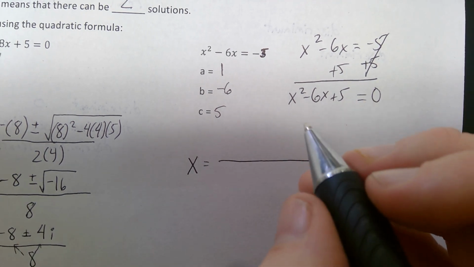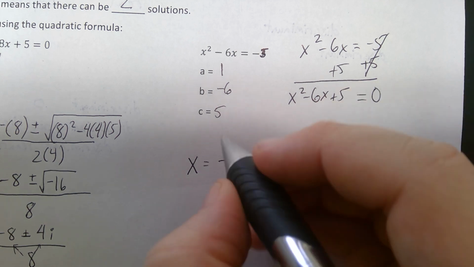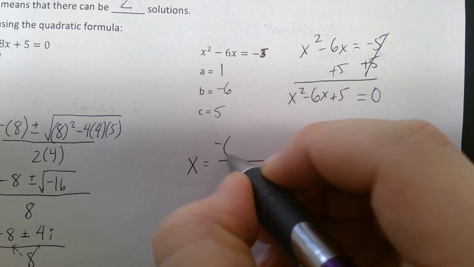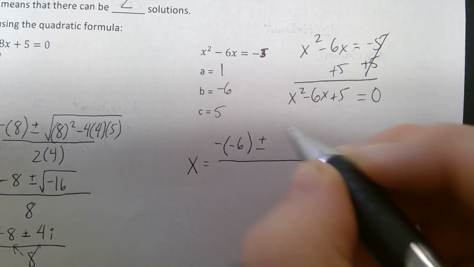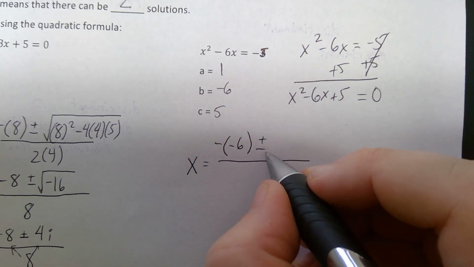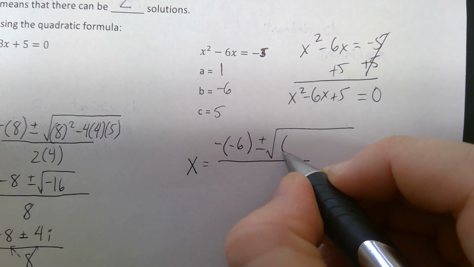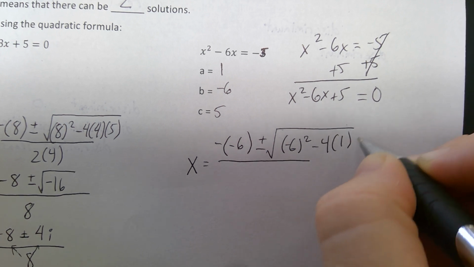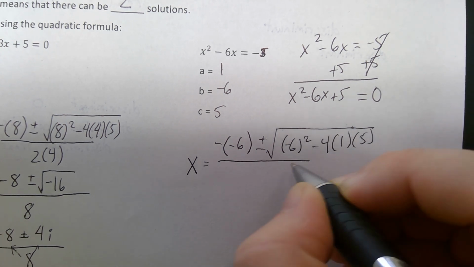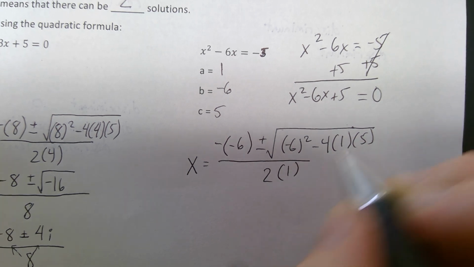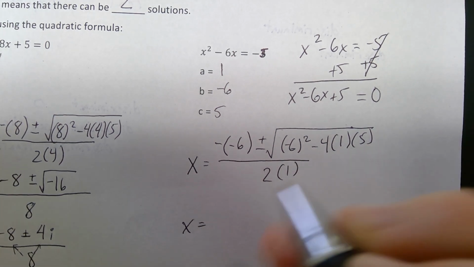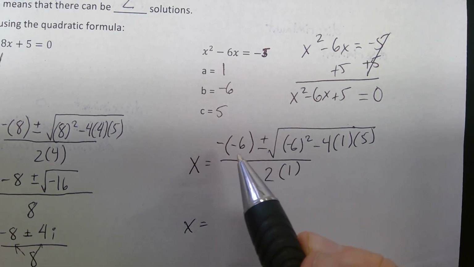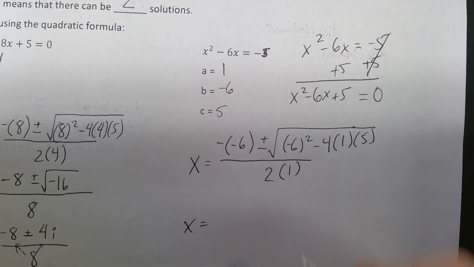When you solve a problem like this, you always need to plug in first. I want to see this first. This is why we use parentheses, because we have negative 6 for b. Negative b plus or minus square root b squared minus 4 times a times c all over 2a. Now we'll simplify here, here, and here.